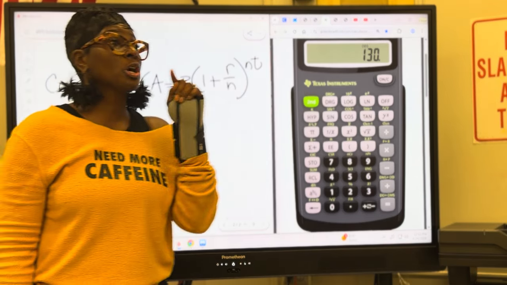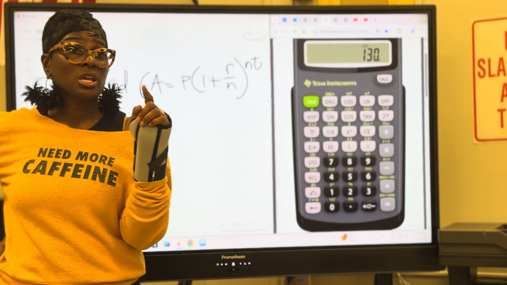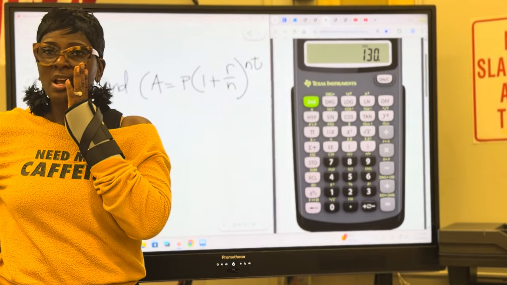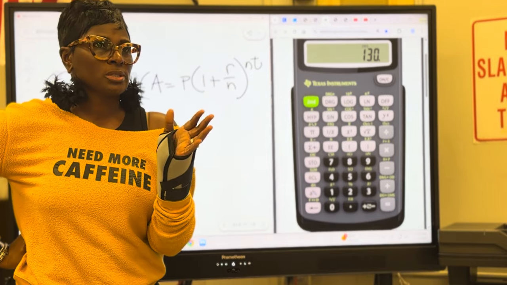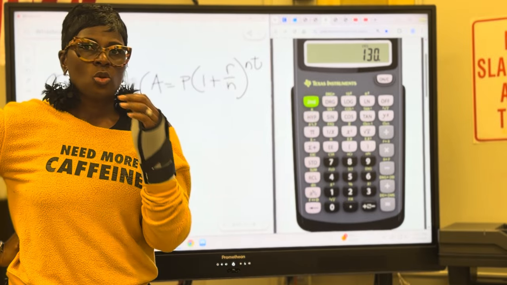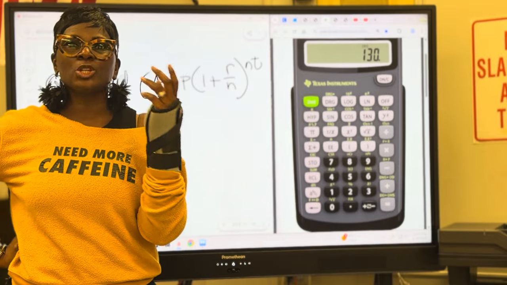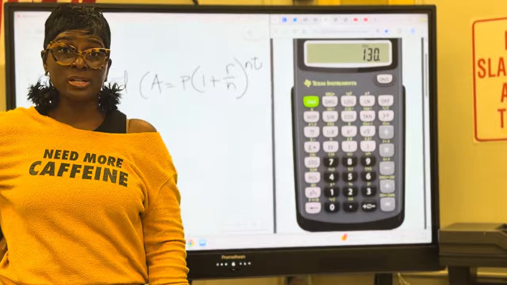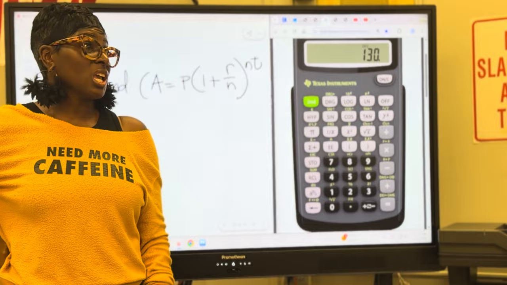When people charge you compound interest, they don't charge you once per year. Are you all following? They may charge you quarterly or monthly or semi-annually, which means every 6 months because it's twice a year, right? So what do you tend to see in compound interest?